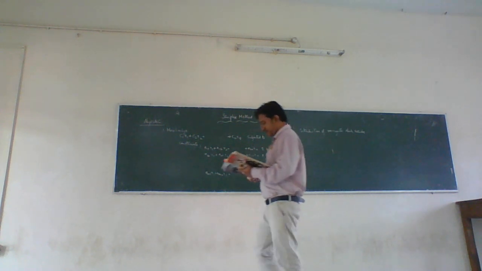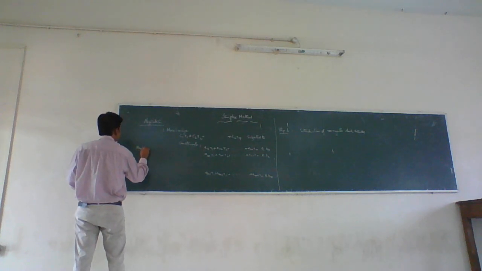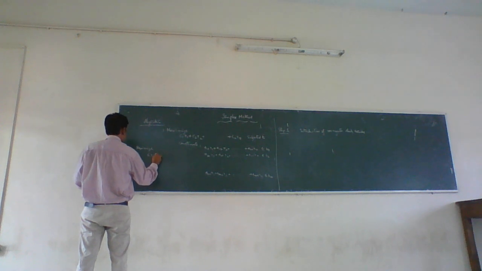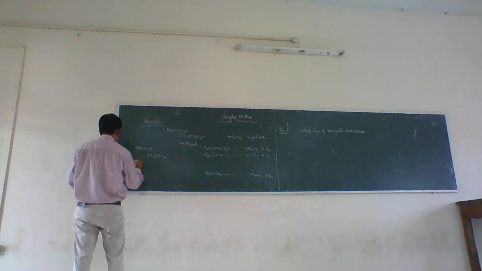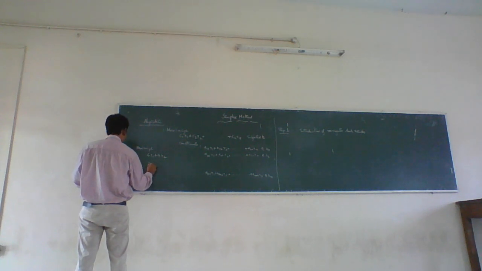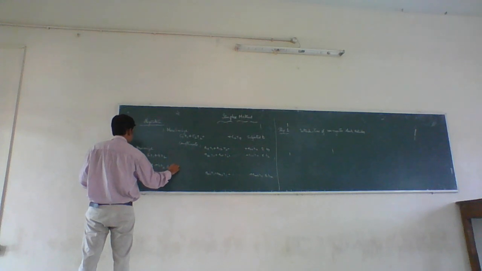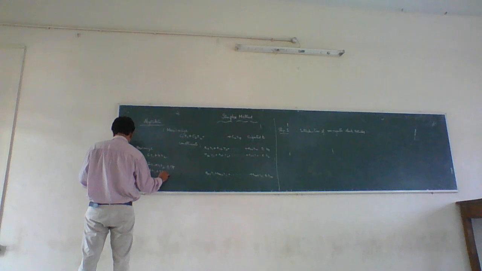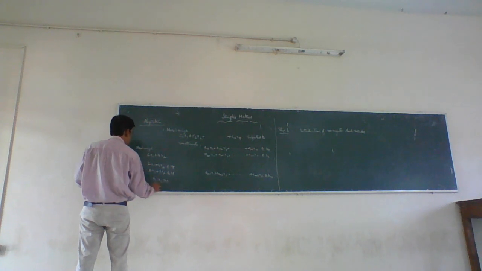So the problem is: maximize 6x1 plus 4x2 subject to 2x1 plus 4x2 less than or equal to 14, 6x1 plus 3x2 less than or equal to 11, x1, x2 greater than or equal to 0.